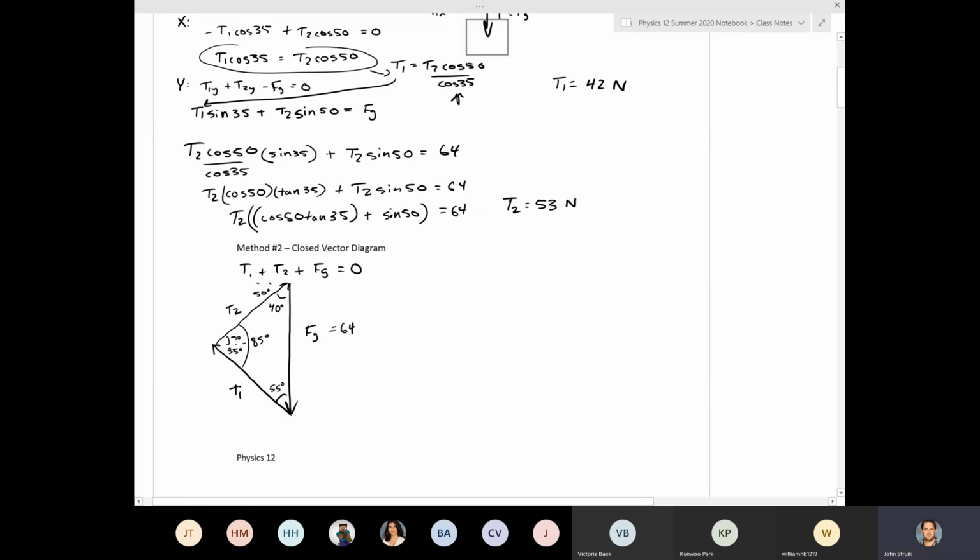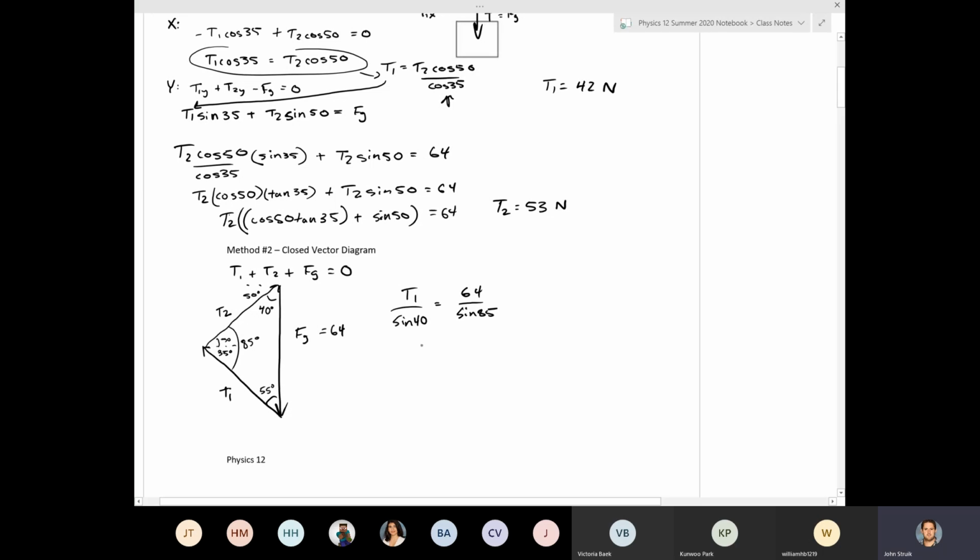So now we can use sine law. Let's go T1 over sine 40 equals 64 over sine 85, and see if we get the exact same answer. 64 sine 40 divided by sine 85, and you get T1 is equal to 41.3.